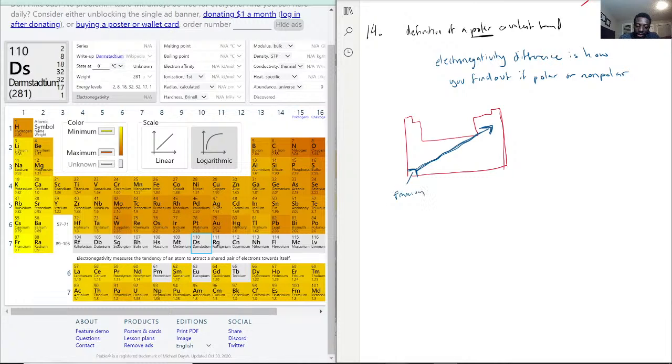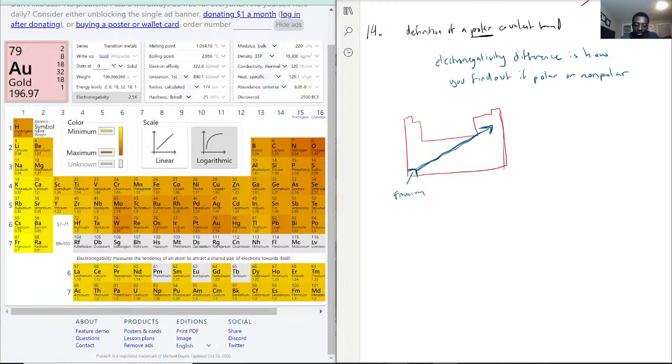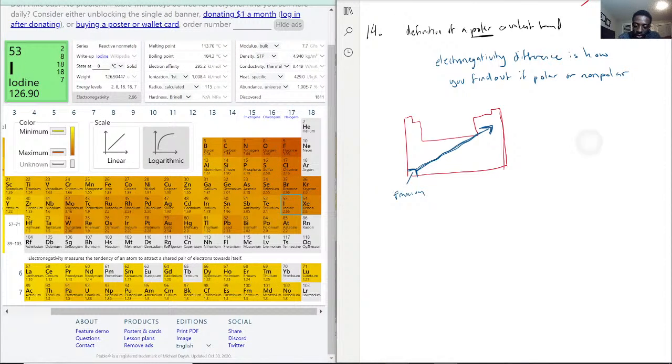And the highest electronegativity is going to be chlorine, I believe, or fluorine. Yes, fluorine's at the top. So it's around here, and that's fluorine. We don't really count the noble gases. These can be ignored. I mean, we do factor in hydrogen, but typically we don't factor in the noble gases, which is why fluorine is the highest and not neon.